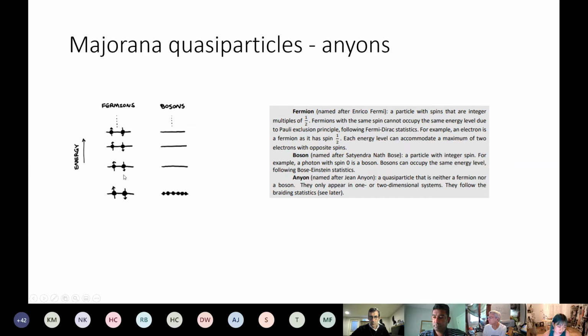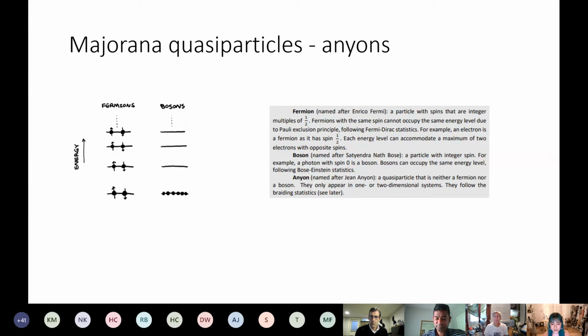They will occupy the energy levels one by one, separately. But bosons can occupy the same energy level. So you may have heard of the term Bose-Einstein condensate, where you can condense all of the bosons into the same lowest ground energy.